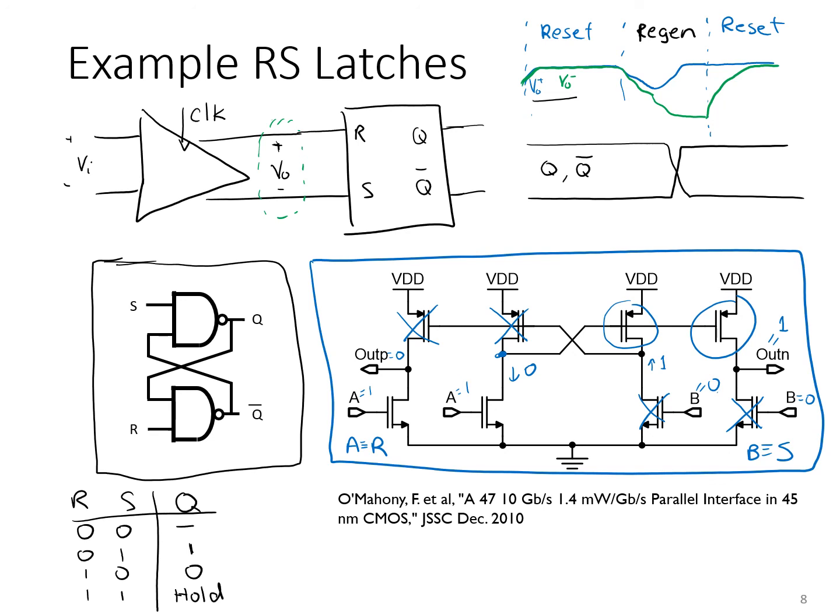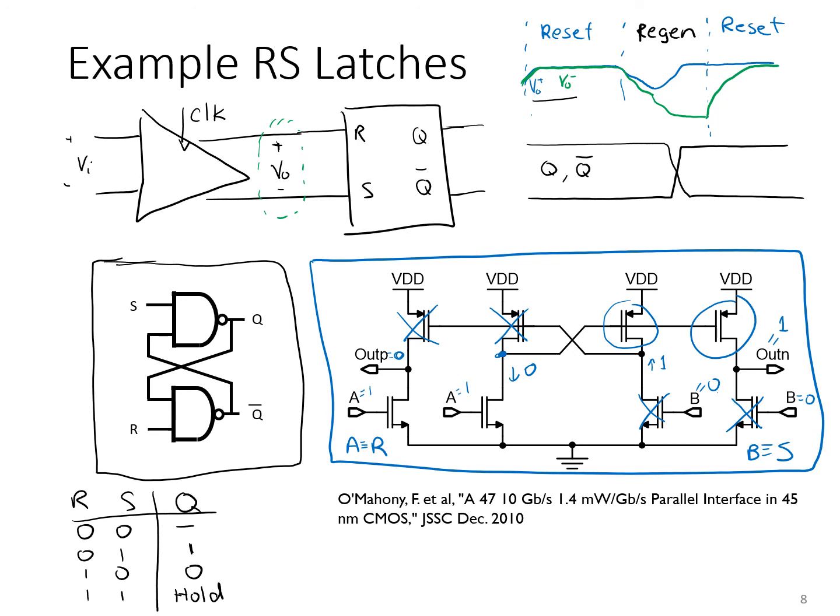A key point in considering how the performance of the RS latch affects that of the overall comparator is to recognize that the RS latch is currently in a given state. Let's say it's in the state we identified here in the schematic, where out P is 0.